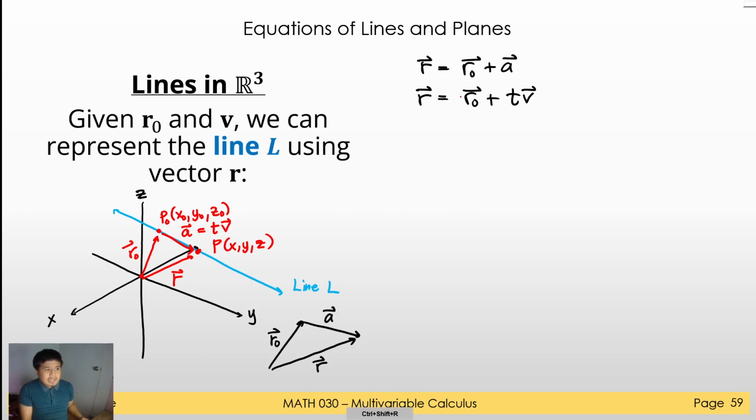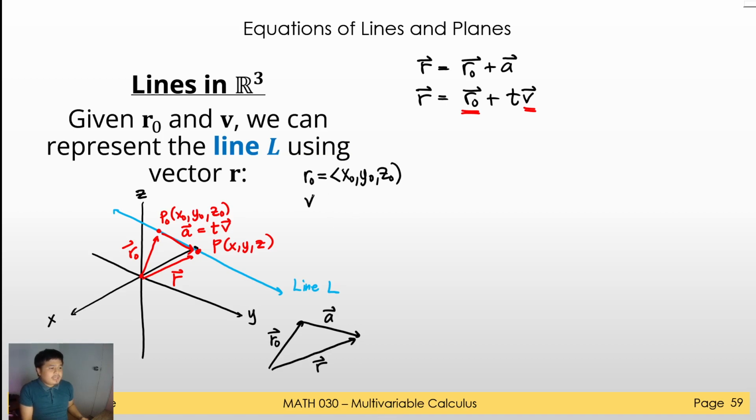And we know that R sub 0 and V here can be represented. Let's create a way to notate this R sub 0 and V. For R sub 0, we already know the terminal point is this. So we can write this R sub 0 as a vector which has a terminal point of x sub 0, y sub 0, and z sub 0.